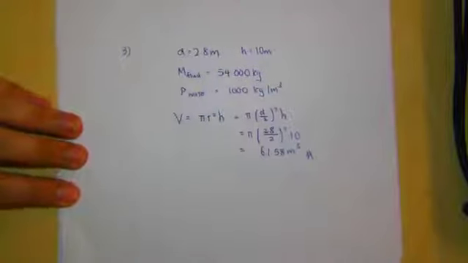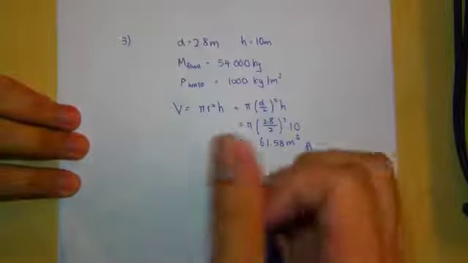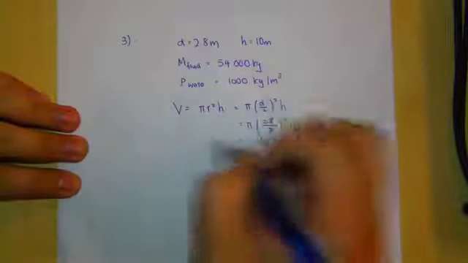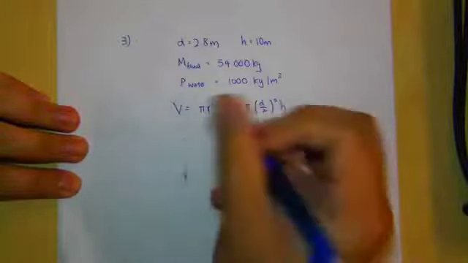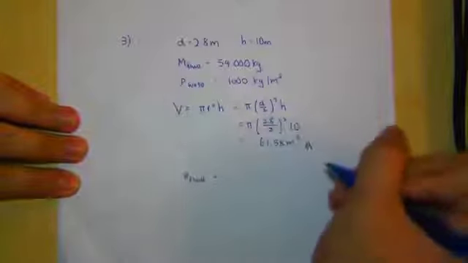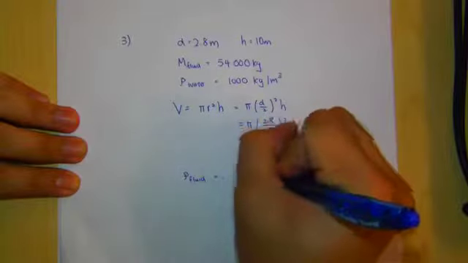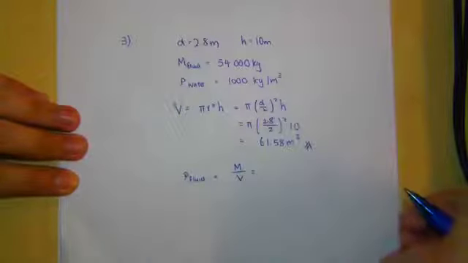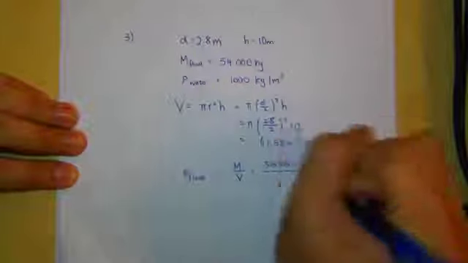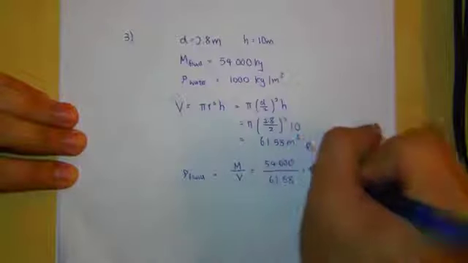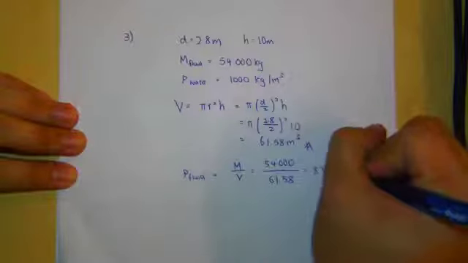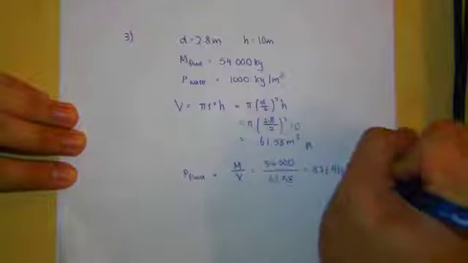After finding the volume of the container, we can go ahead and find out the density of the fluid. So for the density of the fluid, we'll use mass divided by volume. So 54,000 divided by 61.58, and this will give us 876.9 kg per meter cube.